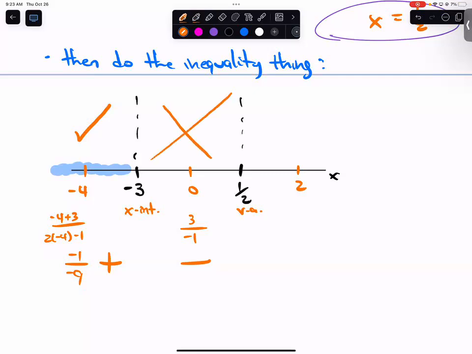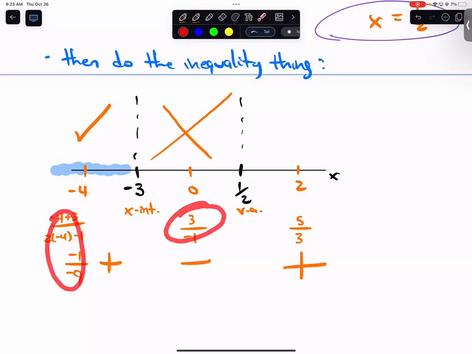It's less than 0. The question asked me where it's greater than 0. It's not true there. And at 2, 2 plus 3 is 5 over 3, which is positive, right? I'm just doing enough arithmetic here to figure out the sign, because that's all I really need, because the question was, where is it bigger than 0?